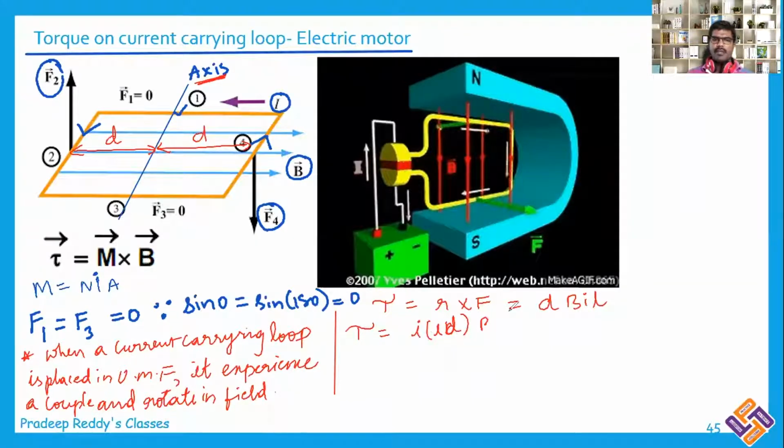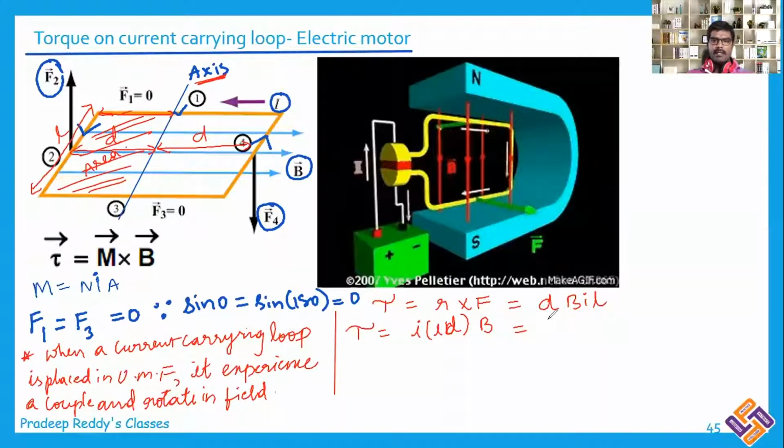What is L into d? L is the length of that particular conductor. From here to here, this is L. And this is d. What is L into d? It is area. So this is the area of the half coil.